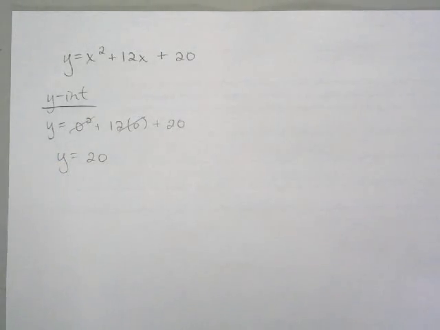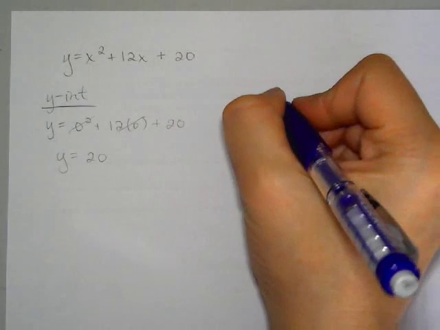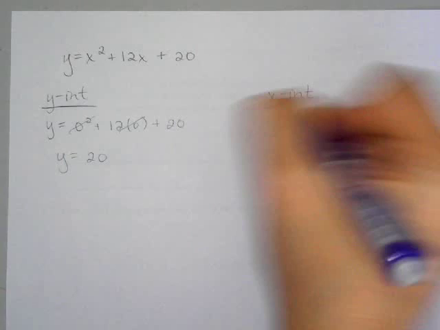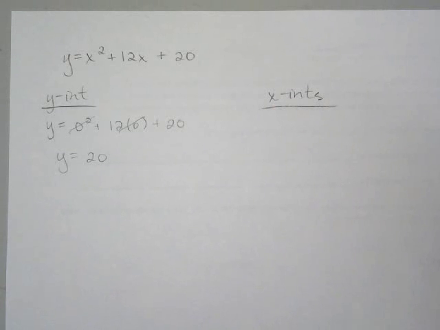Your x-intercepts, however, can be found in one of two ways. One of those is by factoring, and the other one is by using the quadratic formula. I'm going to show you both ways, because factoring doesn't always work. It does in this particular case, but I'm going to show you both just so you have both of those skills.